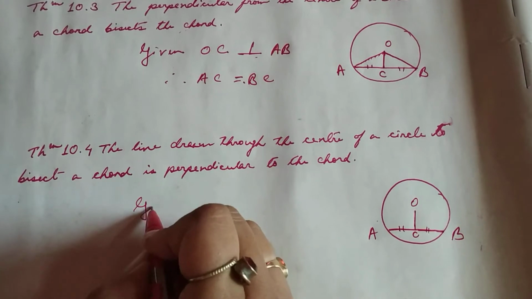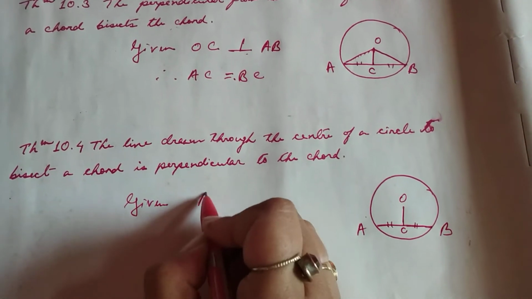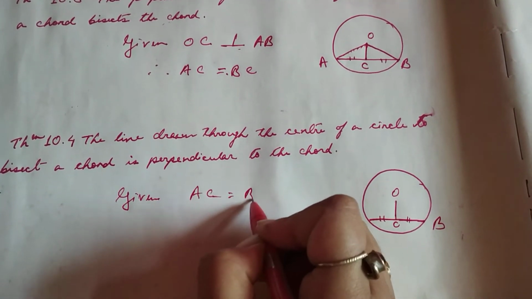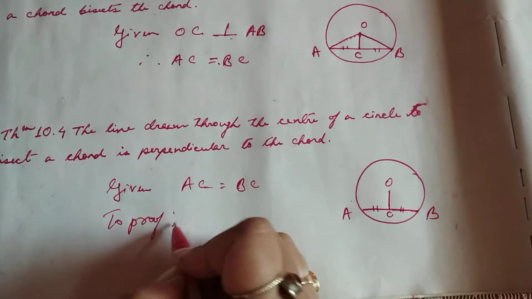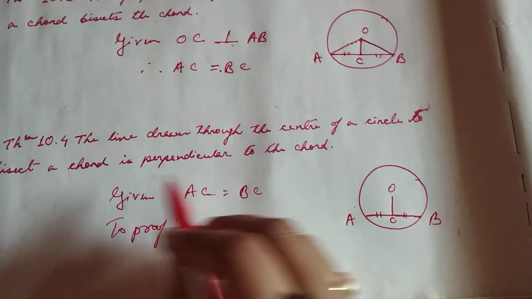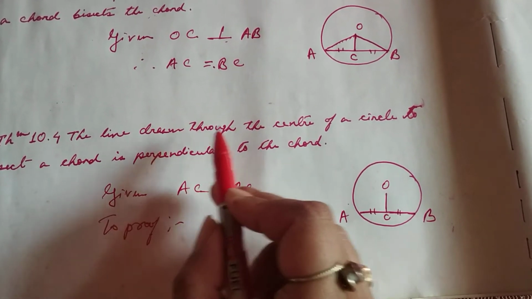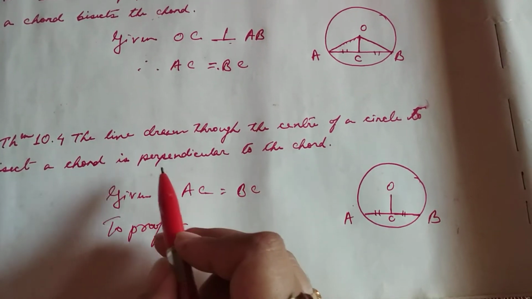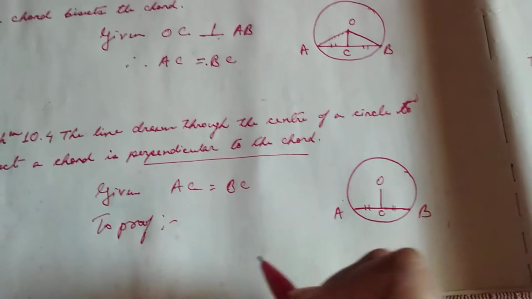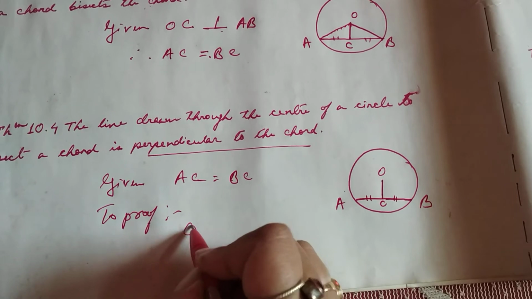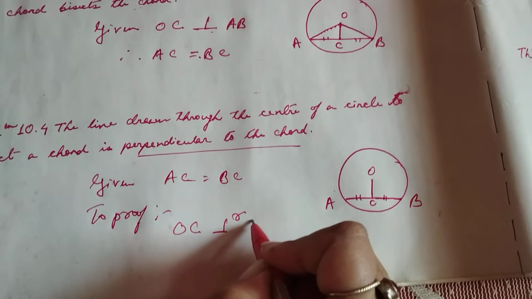Given here is AC is equal to BC. And what you have to prove? To prove that a line drawn through the center of a circle to bisect a chord is perpendicular to the chord. You have to prove that that line is perpendicular to the chord. That means OC is perpendicular to AB.